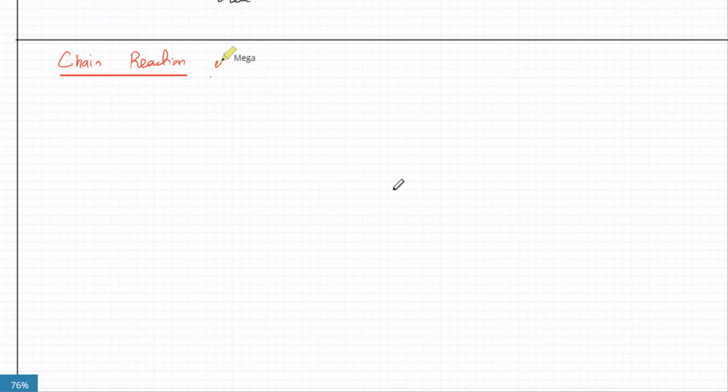This especially applies to elements or substances that have many oxidation states.